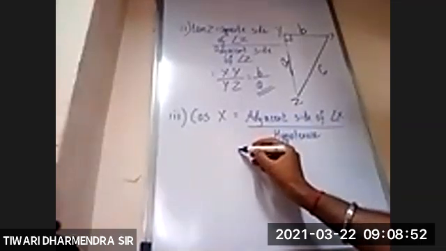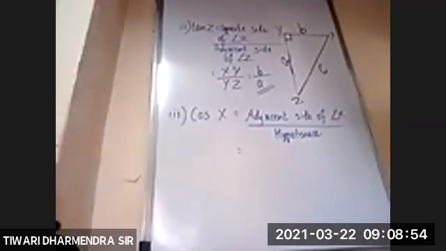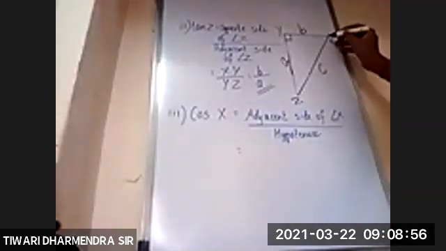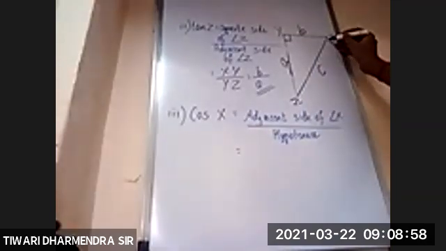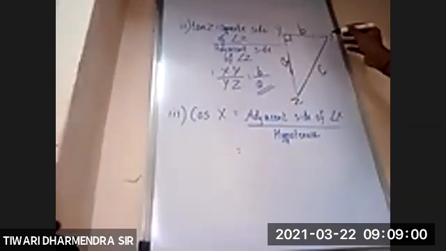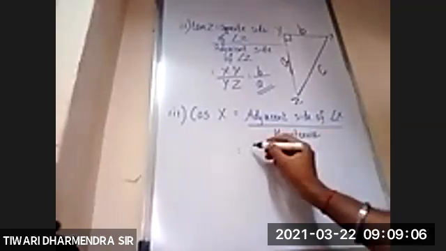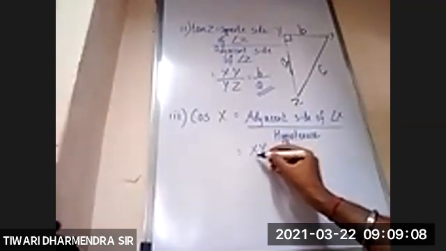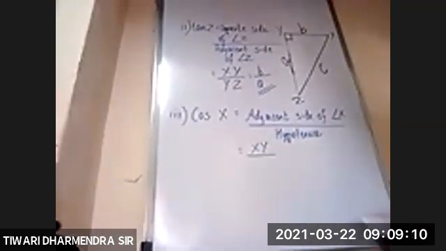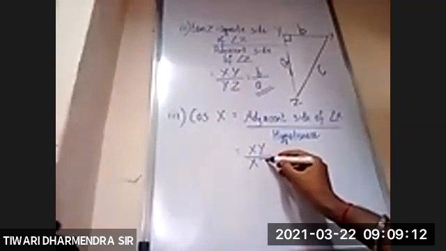So once you remember the formula, you can answer it easily. Now go to x, the adjacent side to x. As you can see, XY and XZ, but we'll be selecting XY, as XZ is the hypotenuse. So adjacent is XY divided by hypotenuse XZ.